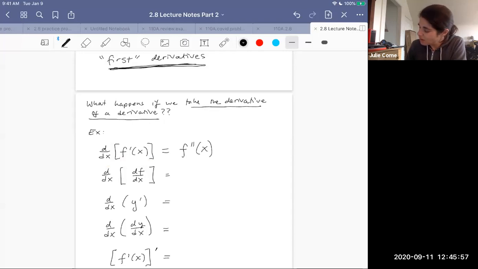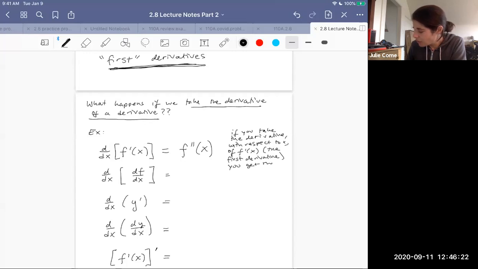So what this says is if you take the derivative with respect to x of f prime of x, which we know is called the first derivative, you get the second derivative, which we denote with f double prime of x.